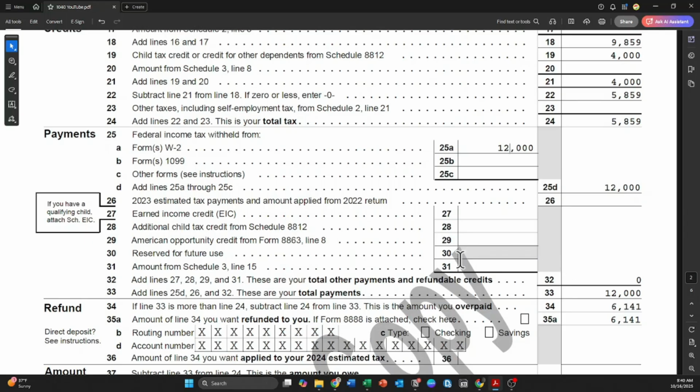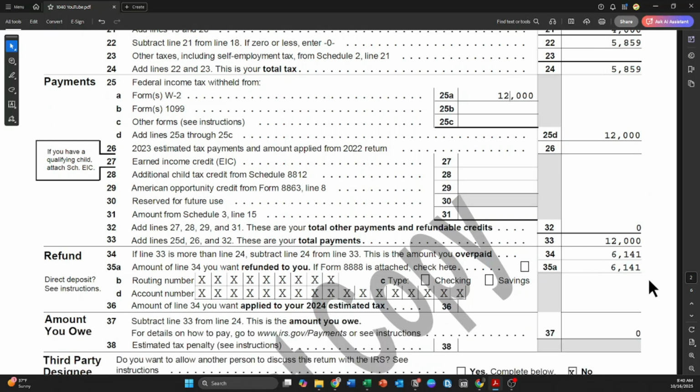And since the total payments is way more than how much tax he actually owes, he is going to be getting a refund of $6,141.